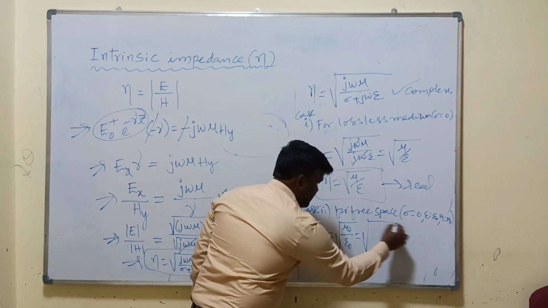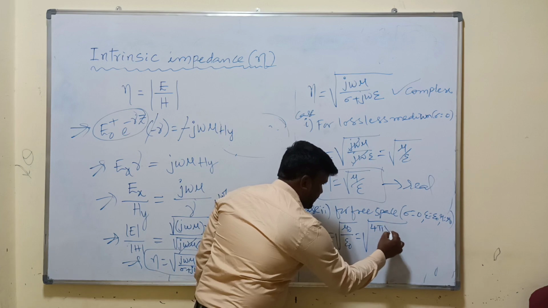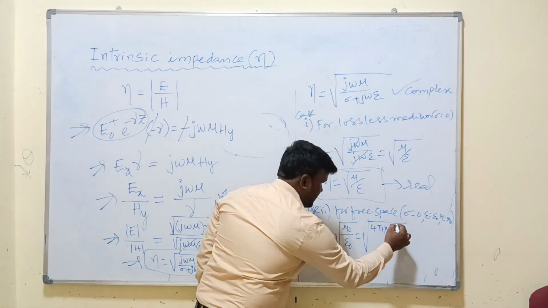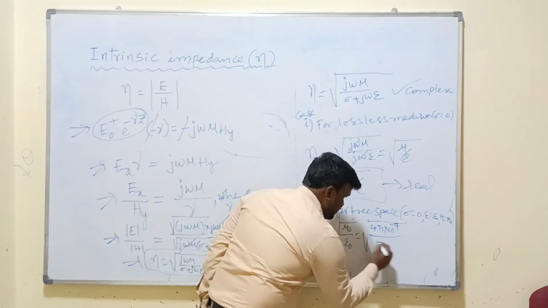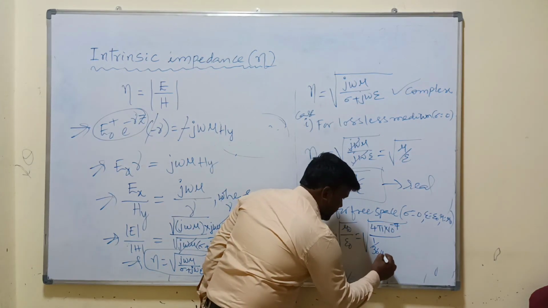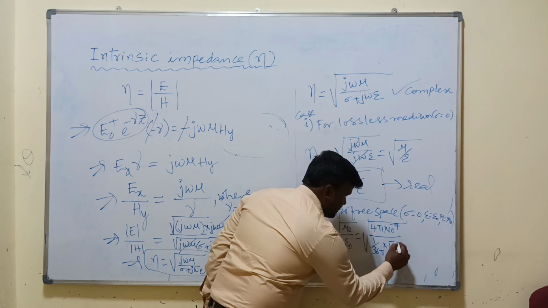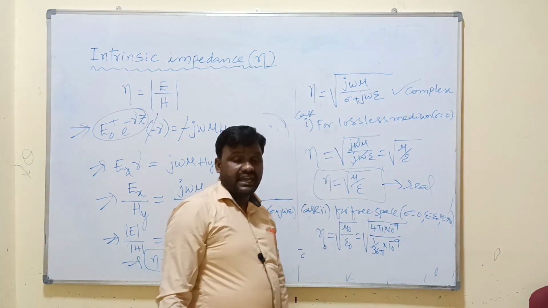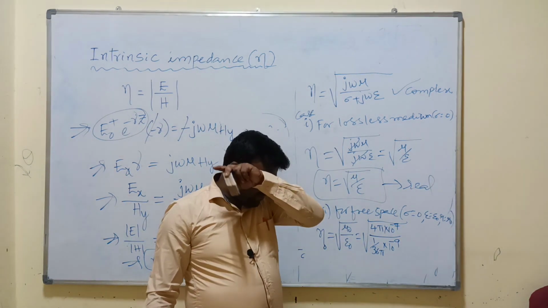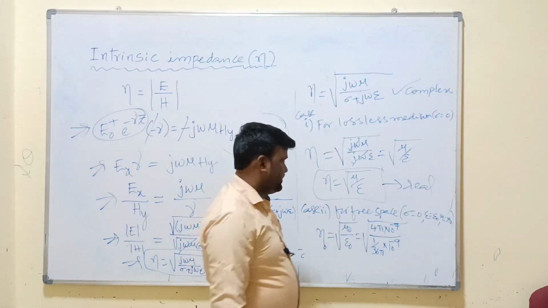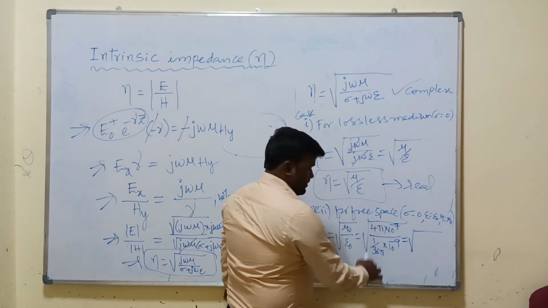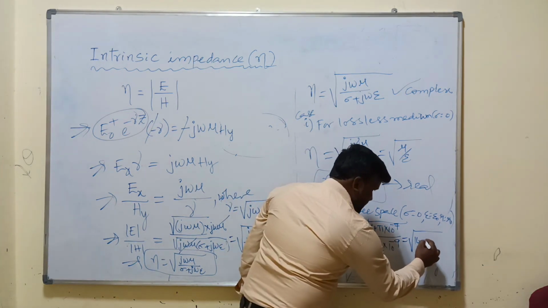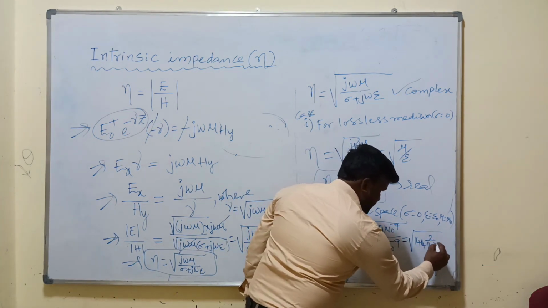Let us substitute these values, that is 4 pi into 10 to the power minus 7 Henry per meter, that is the mu naught value, and epsilon naught value is 1 by 36 pi into 10 to the power minus 9, or else 8.854 into 10 to the power minus 12 farad per meter. If you substitute these values, you will get 144 pi square into 10 square.